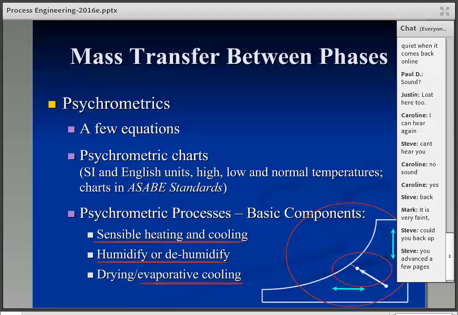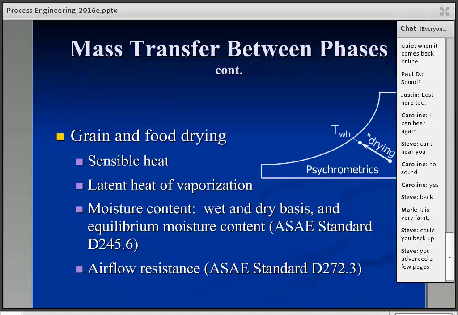And so we'll work on the examples with that, but that is my most basic summary of psychrometrics and the basics of what's on that chart. So here, again, I've drawn the drying process right here and labeled that as a wet bulb line.